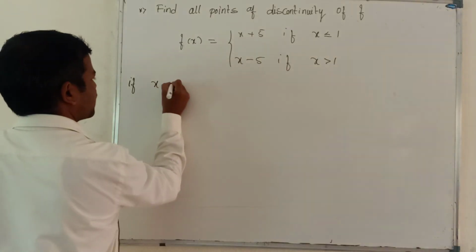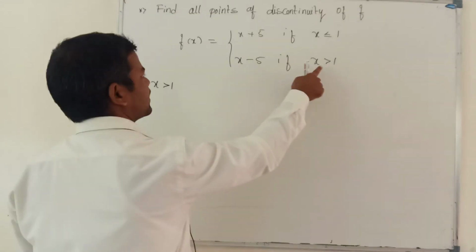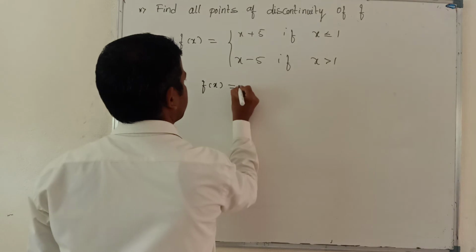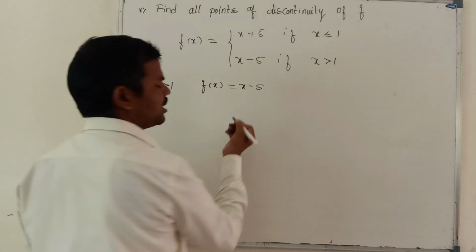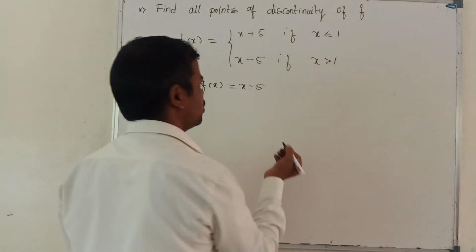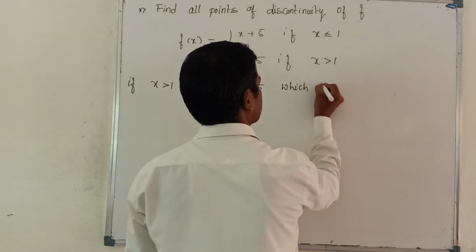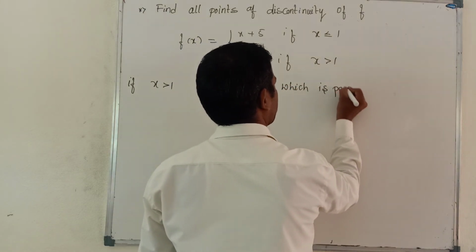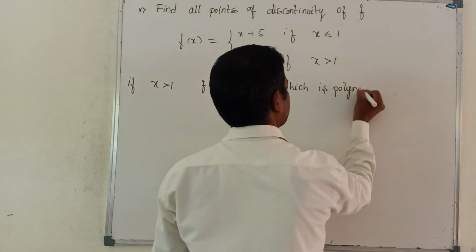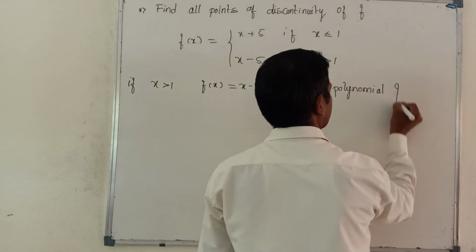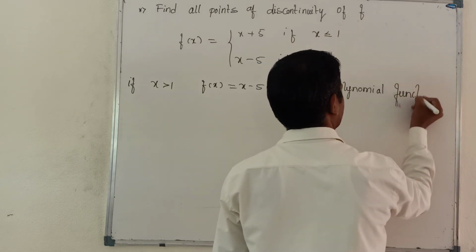If x is greater than 1, the function is f of x equal to x minus 5, which is linear. Linear is nothing but a polynomial function.